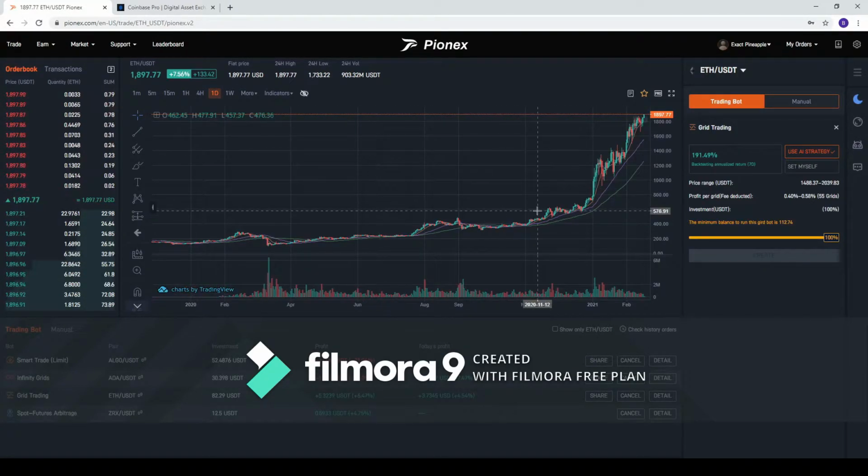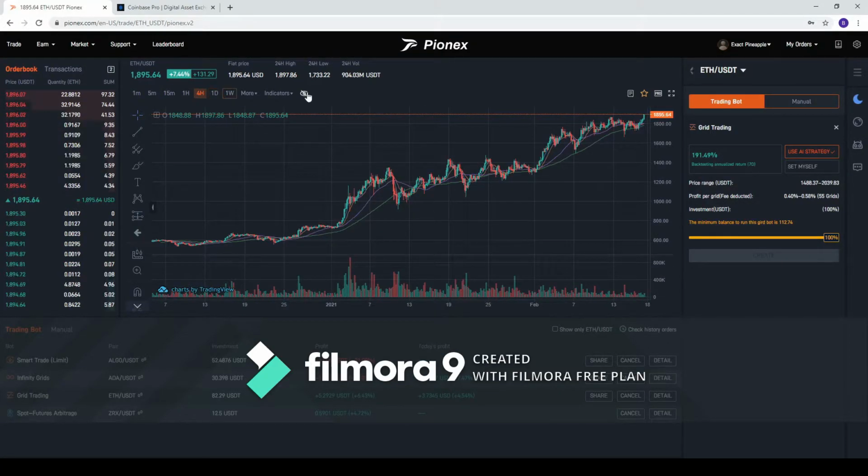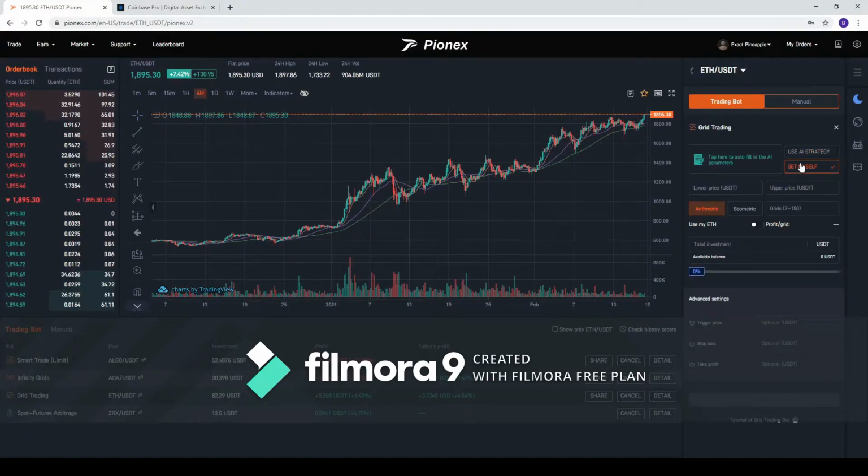I mean, if we look over the past few months here, February 2020, we were about $200 for an Ethereum. Today we're at about almost $1,900. So using the AI strategy is really going to mess with those parameters because it's going to backdate this too far to a place where we're not really sitting anymore. So what I like to do is set myself.